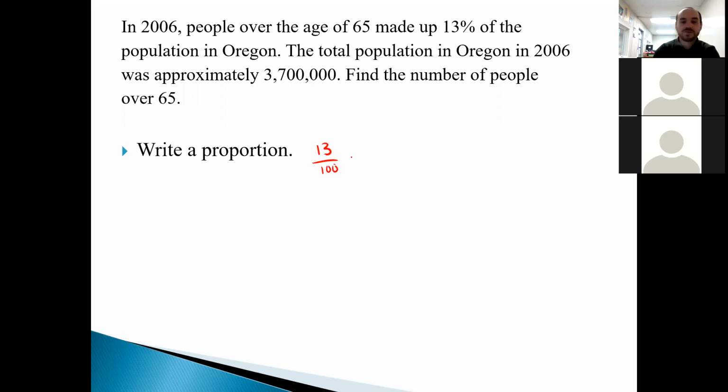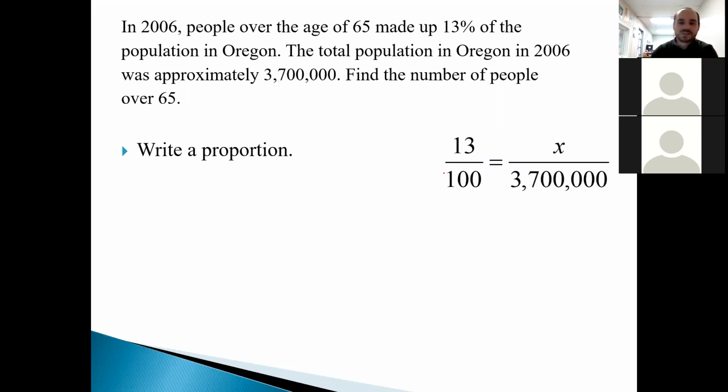So we have 13 over 100 equals, now they tell us that the total population is 3,700,000. Does that go in the top or the bottom of my fraction? Bottom. Total. All right. 3,700,000 goes in the bottom, and then we have x. So that's what our proportion looks like.